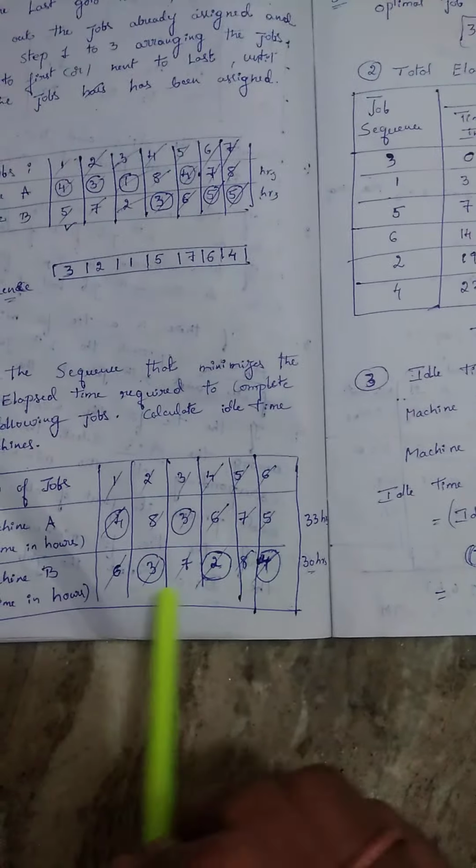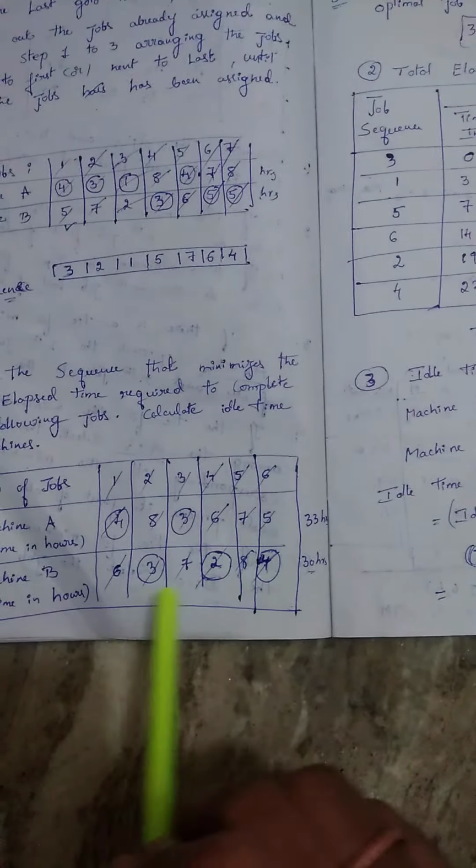Next, after job sequencing of each job, we just cross it out. The fourth job, the second job and the third job are already allocated. That means the first job, fifth job and sixth job are left over.